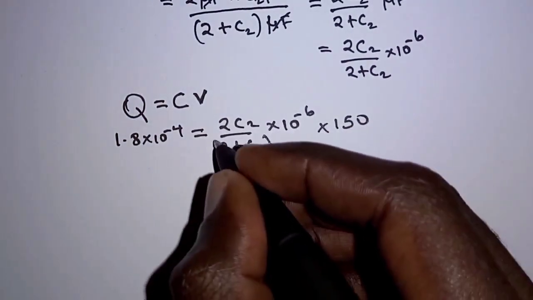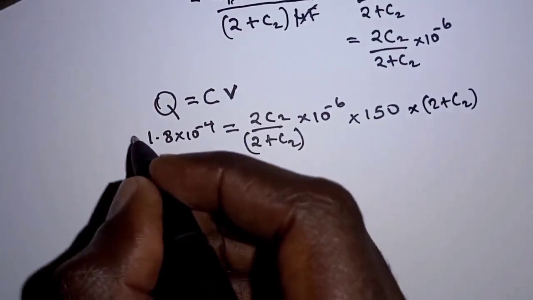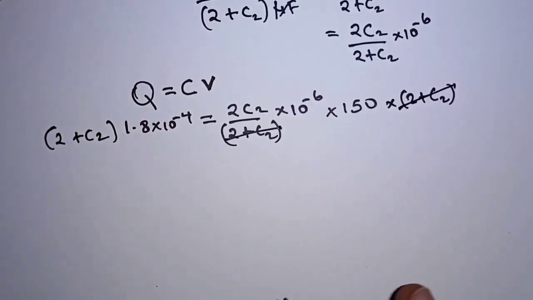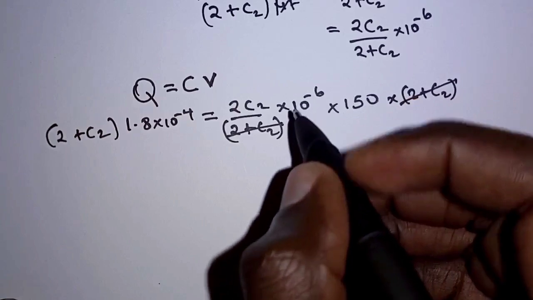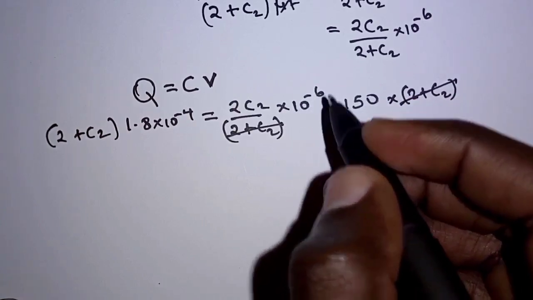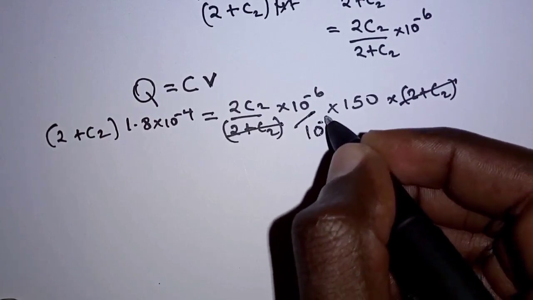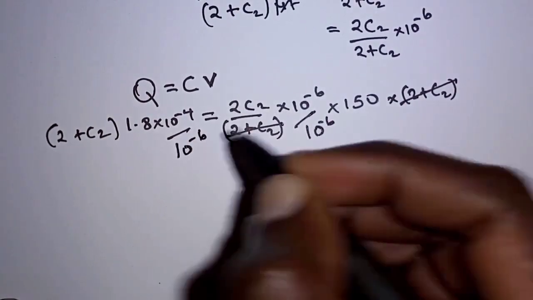Now we'll multiply both sides of the equation by 2 plus C2. Now these two will cancel, and therefore, to make this simple, I want to divide both sides by 10 power negative 6. So this is 10 power negative 6. Here also divide by 10 power negative 6.